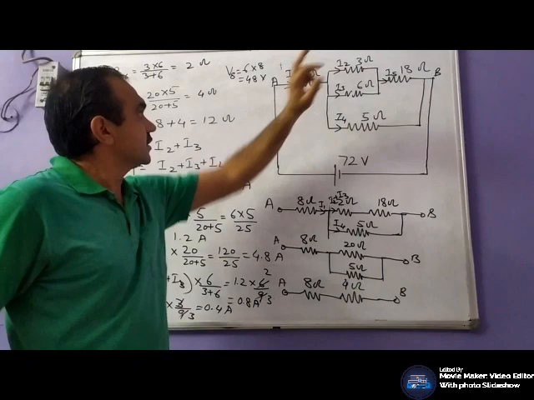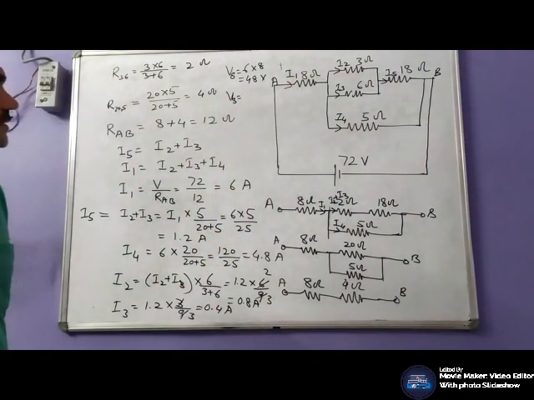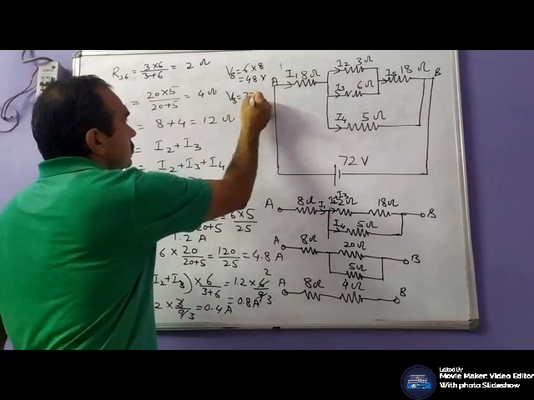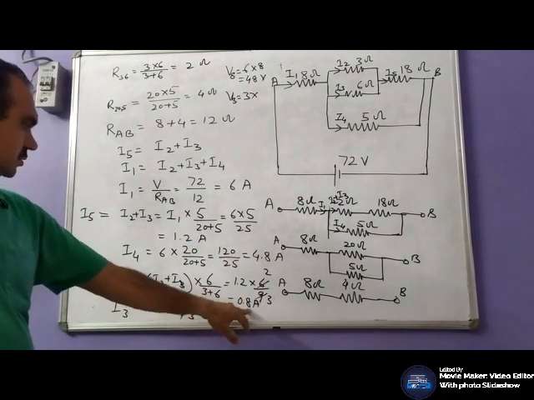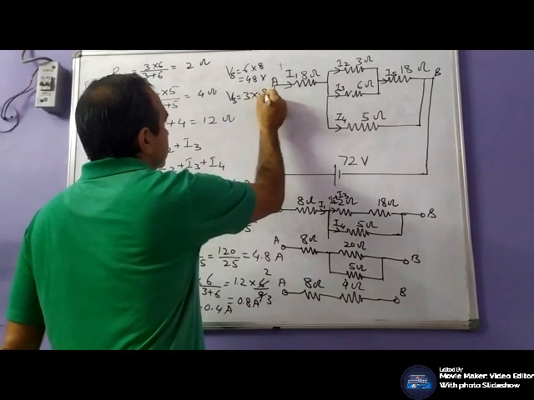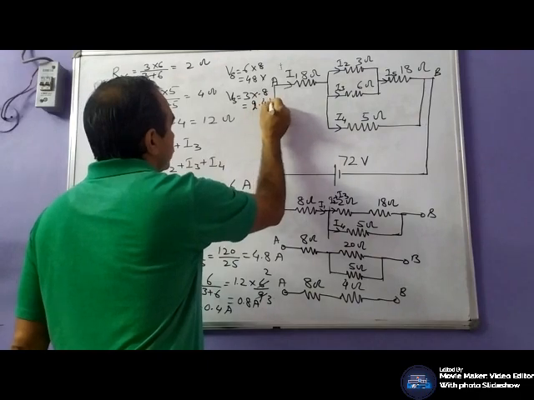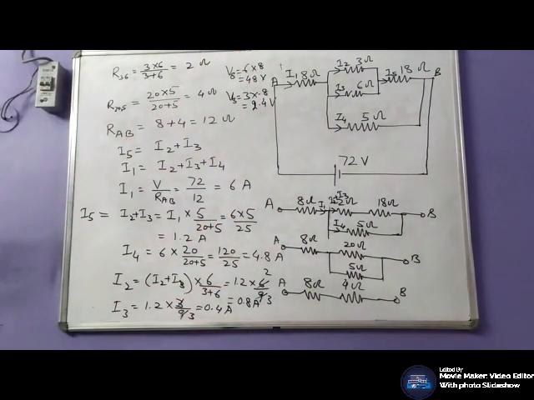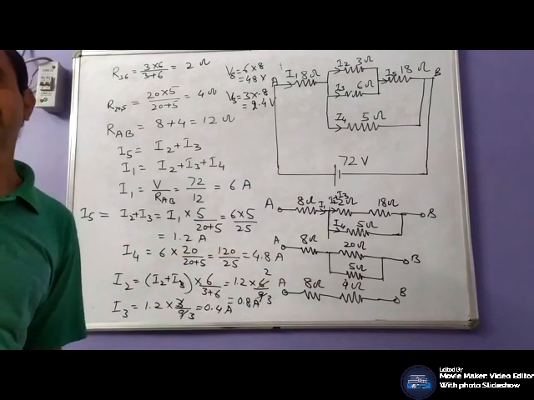What about the 3 ohm branch? Yes, 3 into I2. What was I2? 0.8. So 2.4 volt. In this way, you can find out the voltage drop across each resistor.